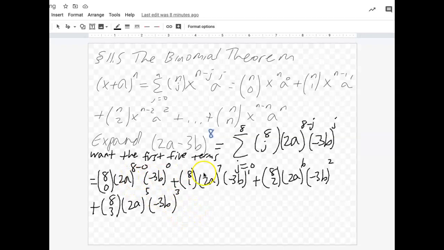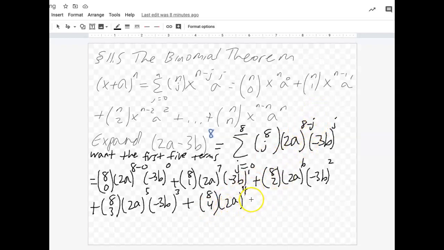And so we have 1, 2, 3, 4. We just need one more term: 8 choose 4 times 2a to the 4. Keep in mind it is to the 4th because it's 8 minus j, and j is 4 at this point.